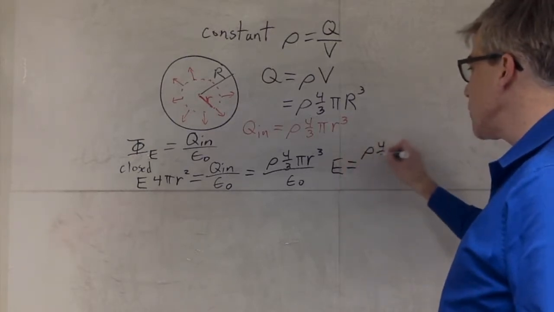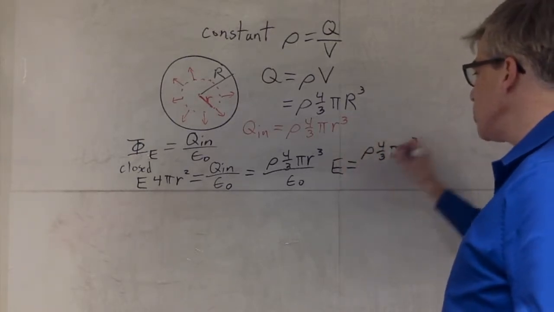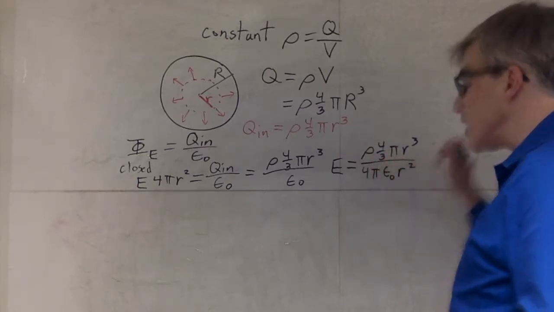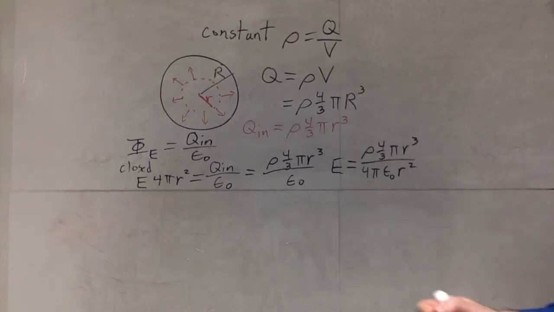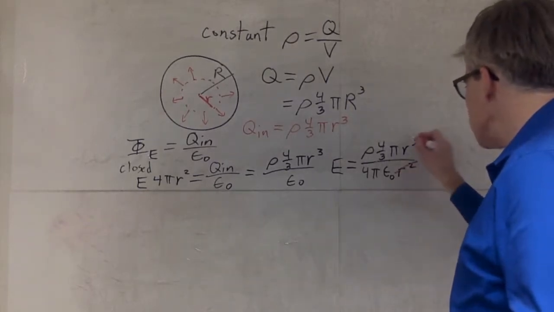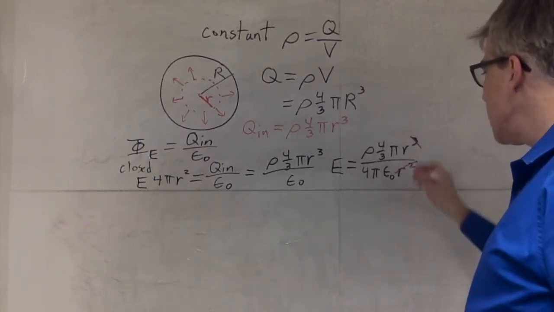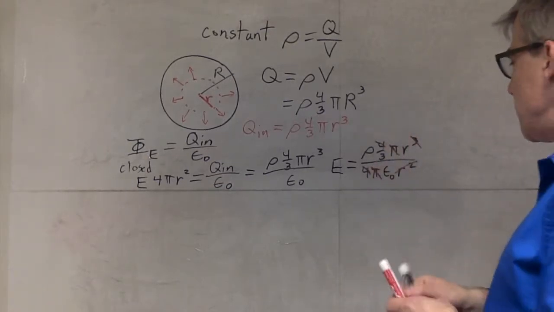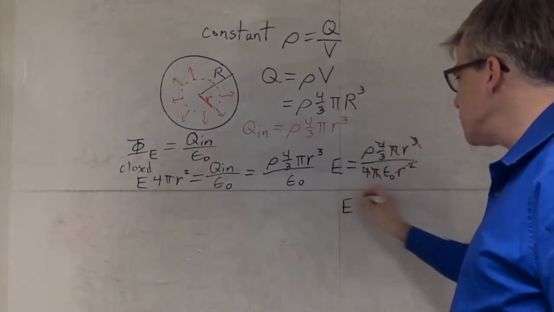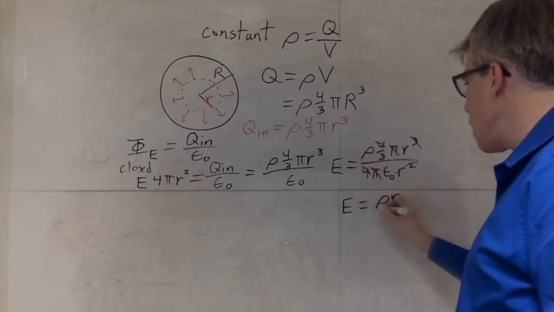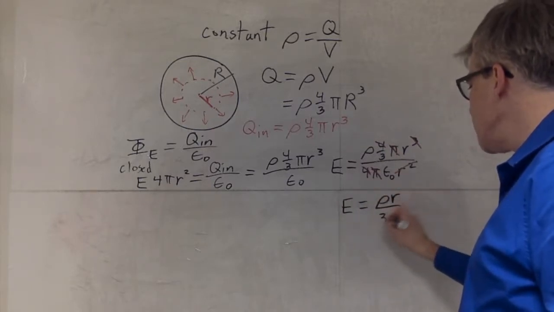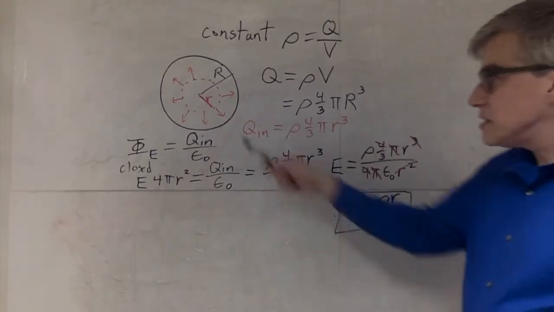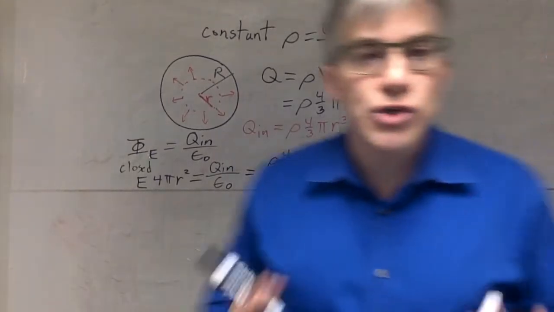Rho 4/3 pi r cubed over 4 pi epsilon naught r squared. So r cubed and r squared mostly cancel, leaving an r. The pi cancels out, the 4 cancels out, and we end up with an electric field of rho r over 3 epsilon naught. That is the electric field at a distance small r from the center of the charged ball.